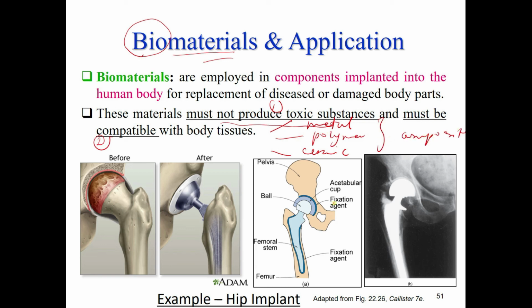So here is an example of biomaterials utilized in hip replacement for people with severe hip damage. You see, this is the natural one, and this one is when replaced by biomaterial. I believe this one is titanium.